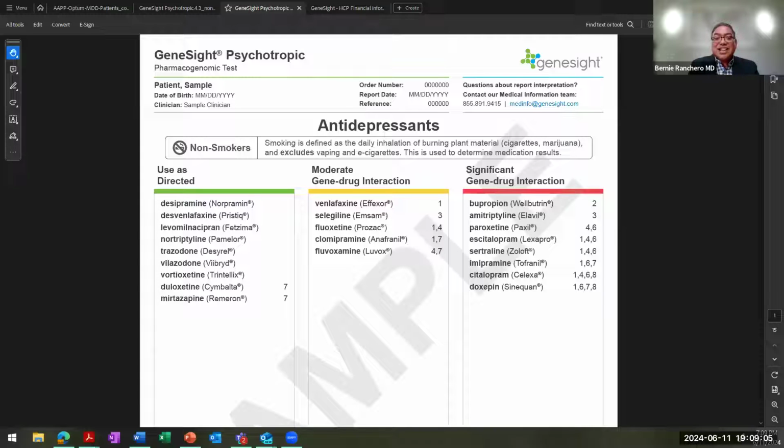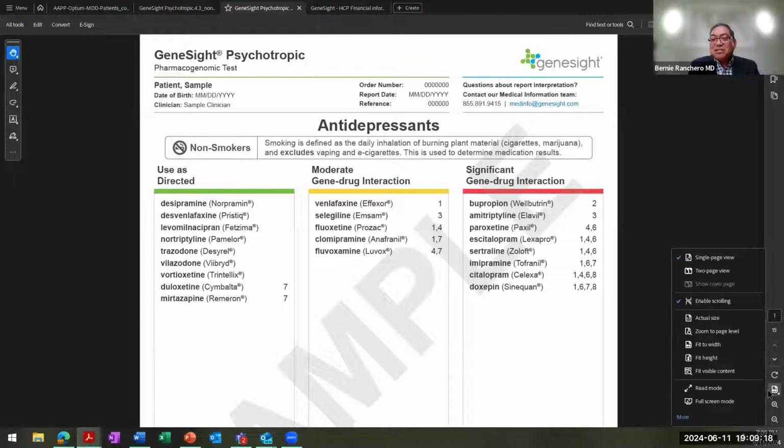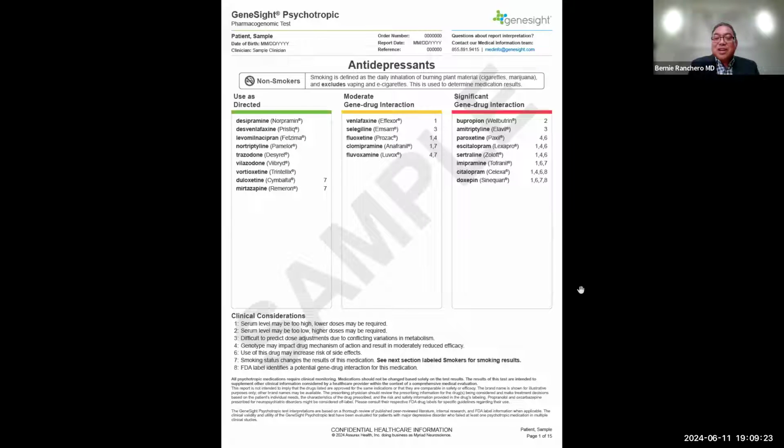This is your genes. You don't blame your parents. And so then, my go-tos, which we all have, are generally Lexapro and Zoloft. And so I look and I say, oh, I've tried those two, and this is why they didn't work out. And then I could look at the green section and say, there are no significant drug interactions there. And I can say, you know what, based on your genotype, based on your phenotype, I think one of these medicines in the green would be good for me to pick for you.